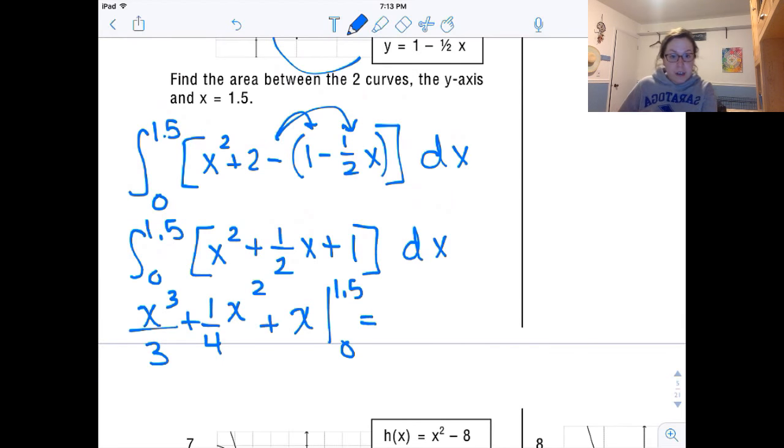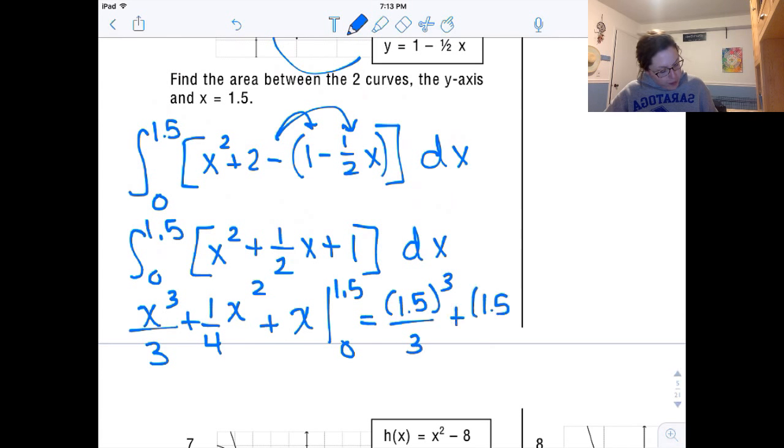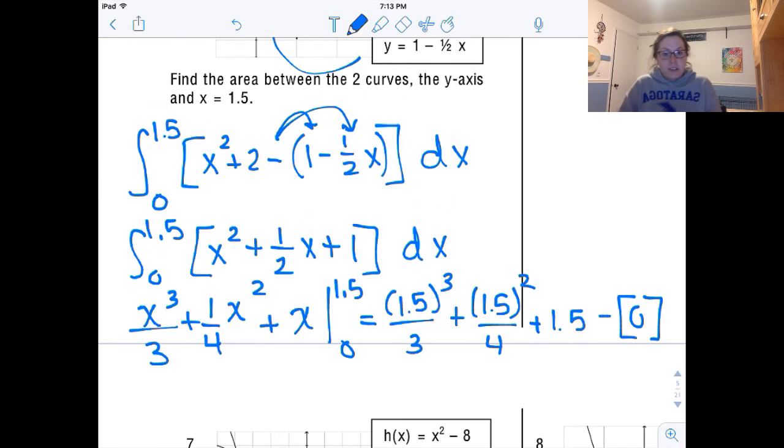Now the good news here is that when I plug in 0, it's just going to go away, right? But when I plug in 1.5, that's when I'm going to have a little bit more in there. So 1.5 to the third over 3 plus 1.5 squared over 4 plus 1.5. And I'm just going to be subtracting 0 for my entire second term.